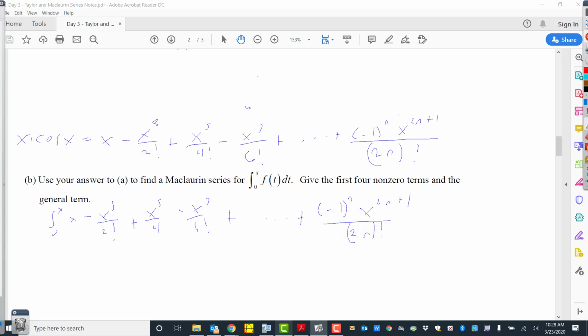That's what we're going to be integrating, dt. Oops, that's bad. These should be t's. Ignore that. But all that says is that we're going to integrate this, and then we're going to plug in the x. So the integral of t is t squared over 2.